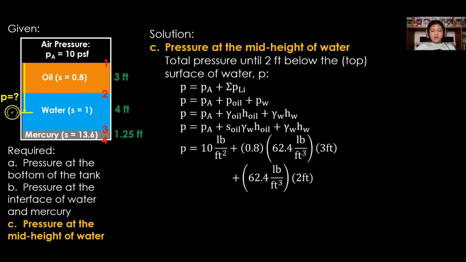Substitute, P is equal to 10 pounds per square foot plus S of oil, that is 0.8, times gamma of water, 62.4, times height of oil, which is 3, then plus the gamma of water, 62.4, times the height of water, that is 2 feet. Again, not 4 feet because we are dealing with the mid-height of water only. Thus, the pressure until the mid-height of water is about 284.56 pounds per square foot.